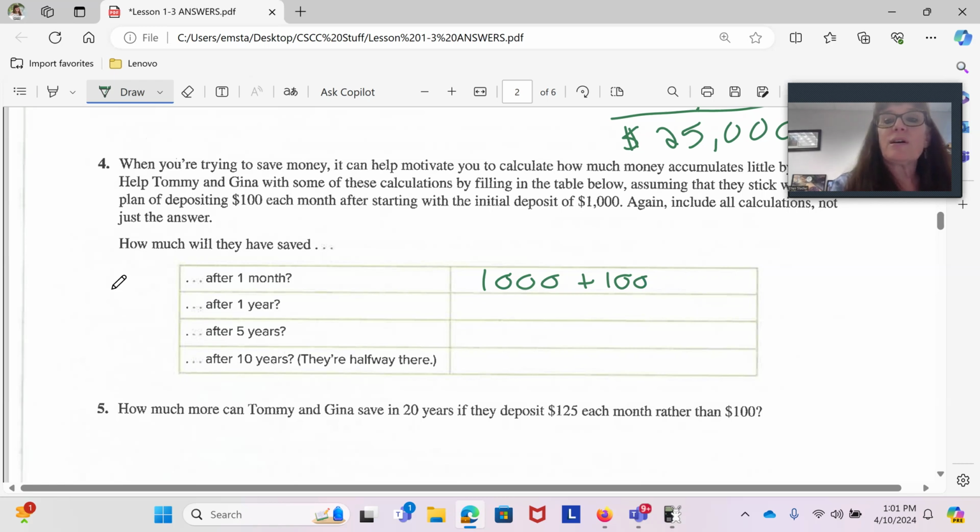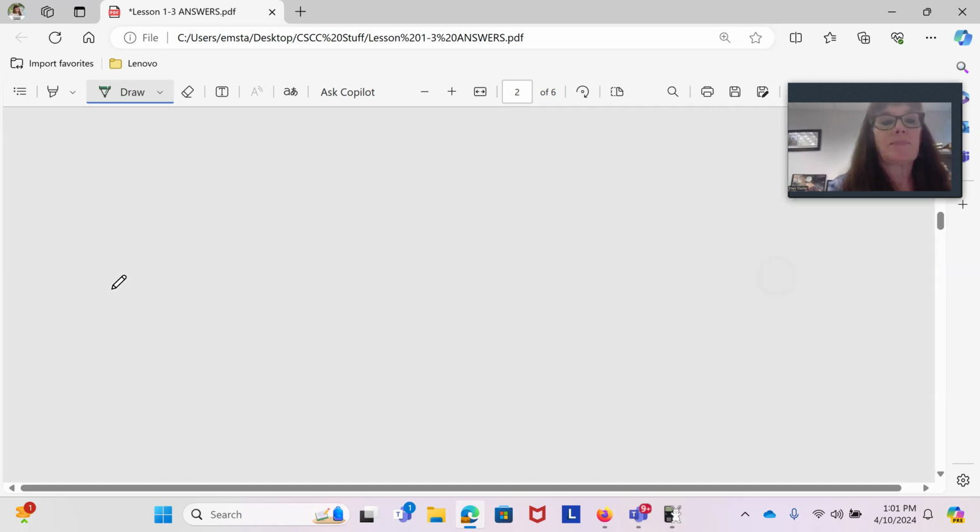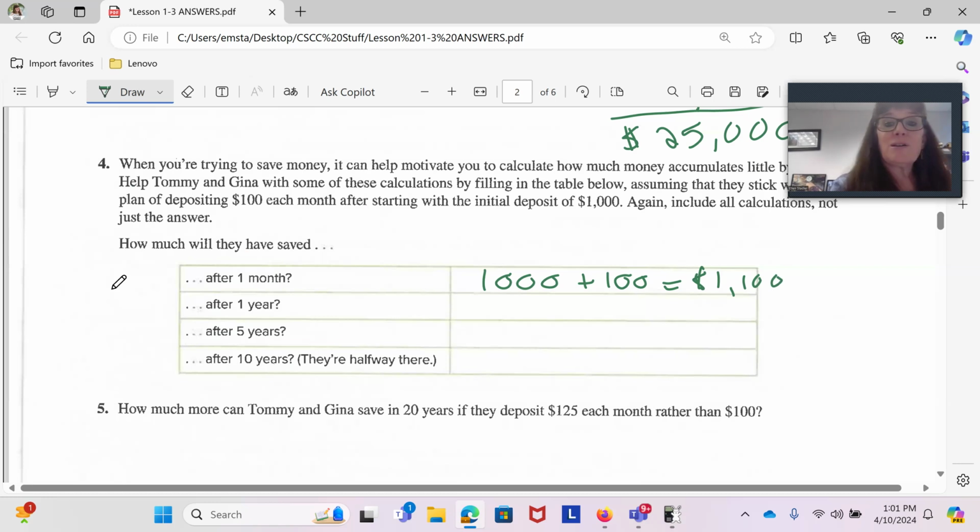So they have a total of $1,100. My dollar sign looks funny, I apologize for that. After 1 year, we still start with that initial $1,000. Then we have added the $100 12 times. So we will have a total of $2,200.